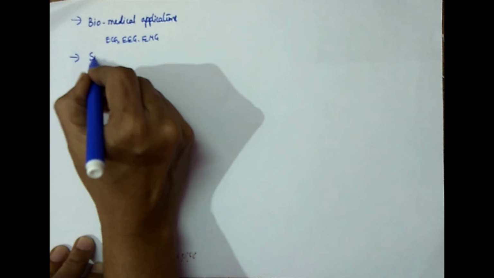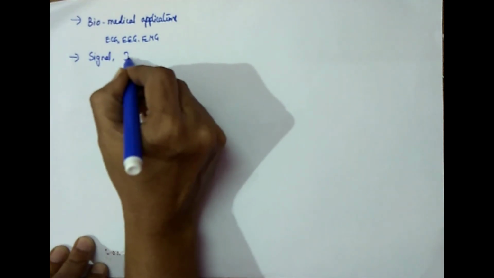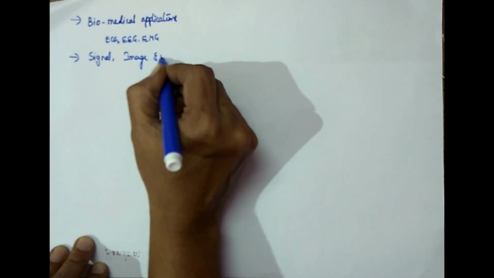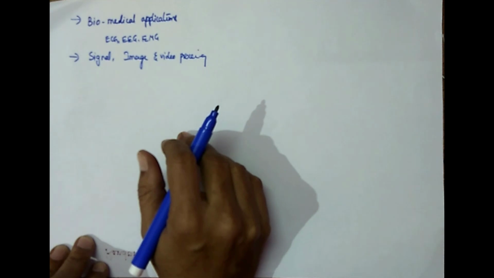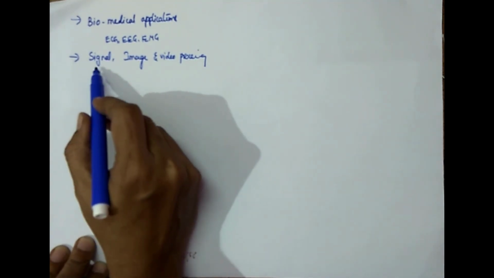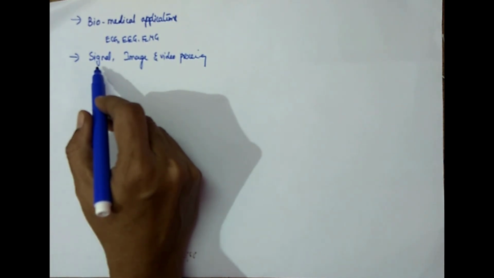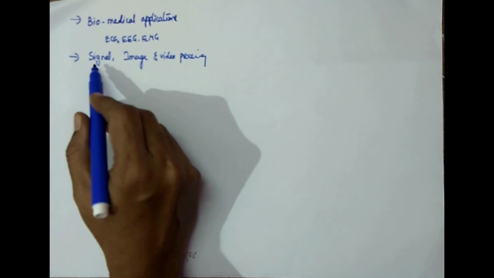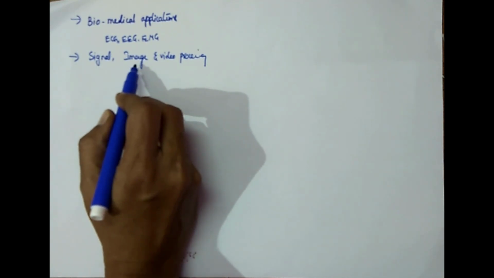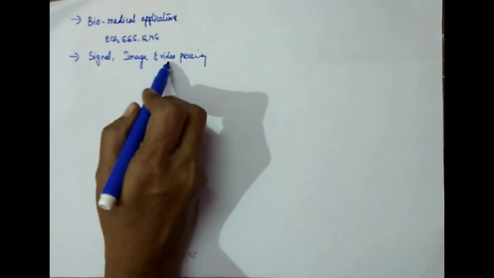Then in signal, image and video processing. Different signals related to the atmosphere, geology, astronomy, all these signals get processed using separate systems. Even photos and images are processed using different camera systems, and also videos.